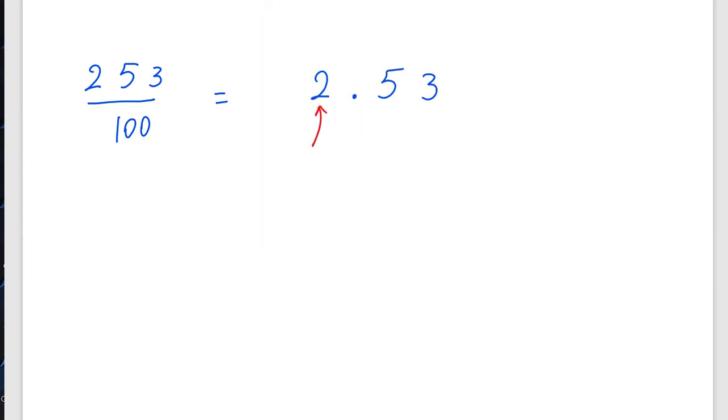This one is the whole number. And for the whole numbers, we are using ones, tens, hundreds, thousands, and so on. So here the place value is ones. And what about the value? The value of this 2 is just 2.